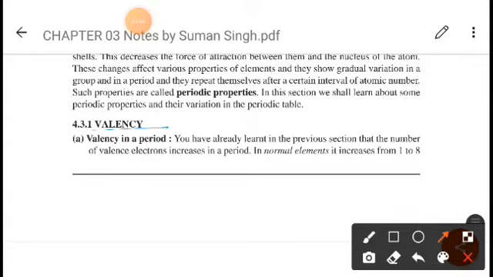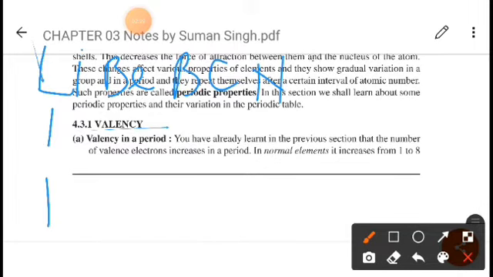Suppose we have lithium. The valence electron in lithium is 1, and its valency is also 1. Now take beryllium, boron, carbon, nitrogen, oxygen, fluorine, and neon.